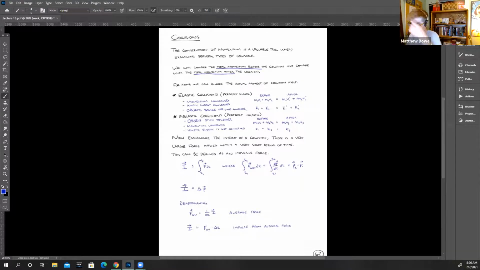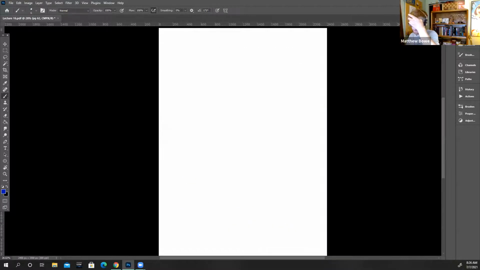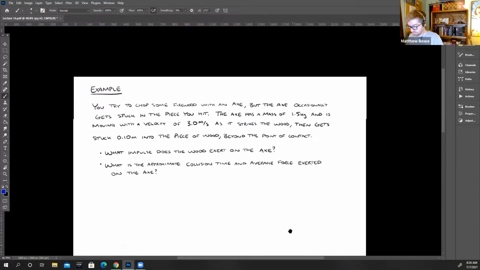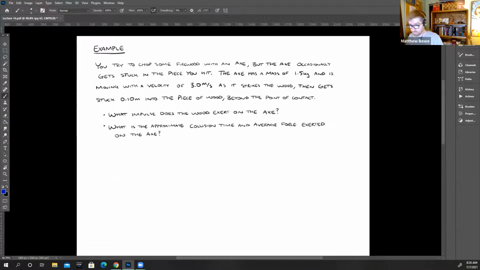From here, we have an example of an impulsive force. Say you try to chop some firewood with an axe, but the axe keeps getting stuck in the piece you're working on.